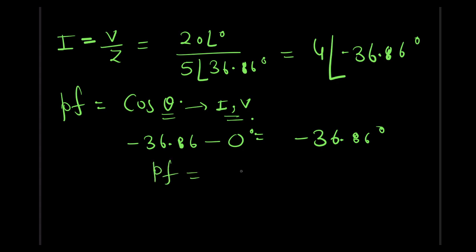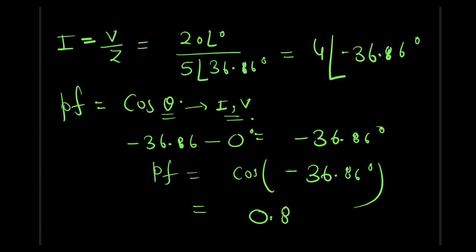In this case, power factor will be cos of minus 36.86 degree. Cos of 36.86 is 0.8. And due to this minus sign, it will be lagging. So in case of this question, the power factor will be 0.8 lagging.